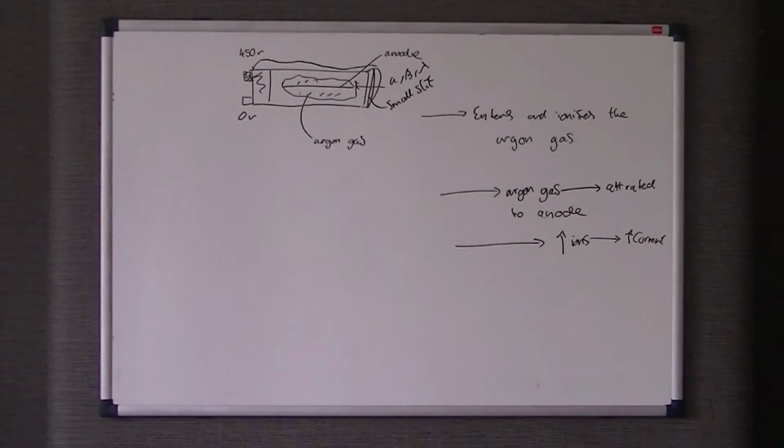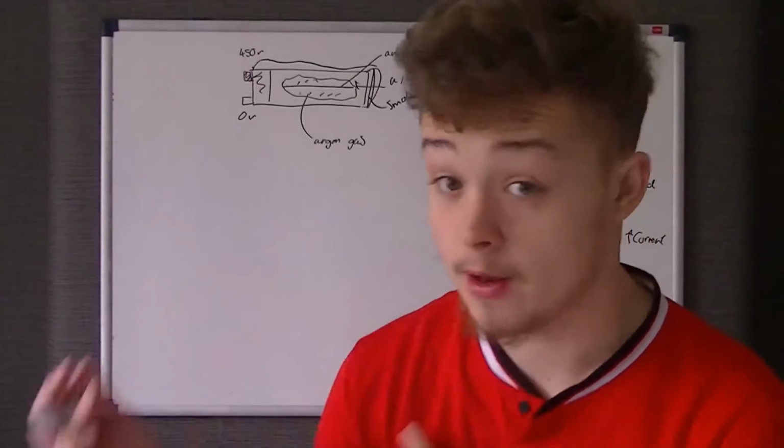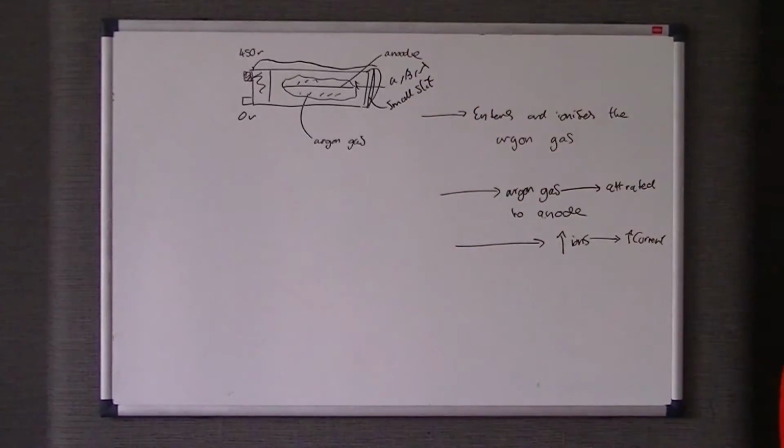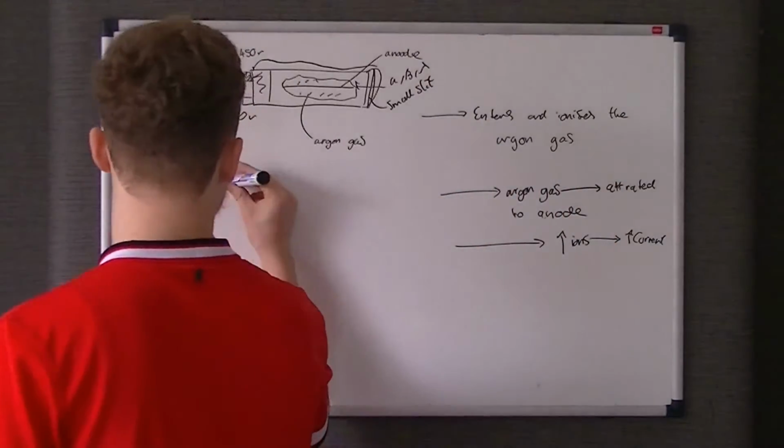Now, obviously this is put into some kind of formula to work out how much the radiation has changed by, and we can work this out because one of the things you need to know about counts is that the current is proportional to the activity, which we're going to go into in a minute.